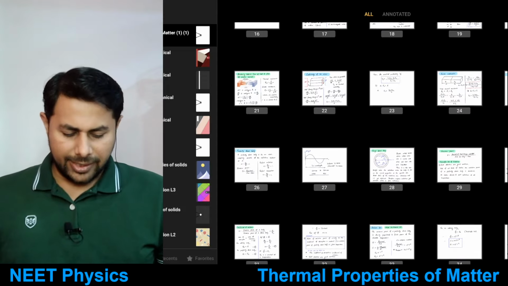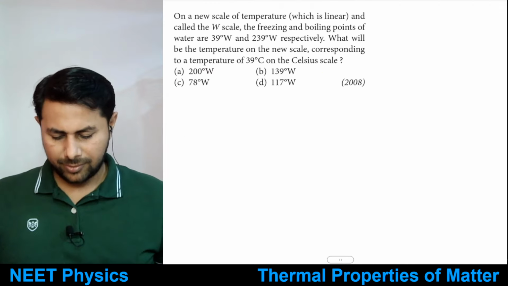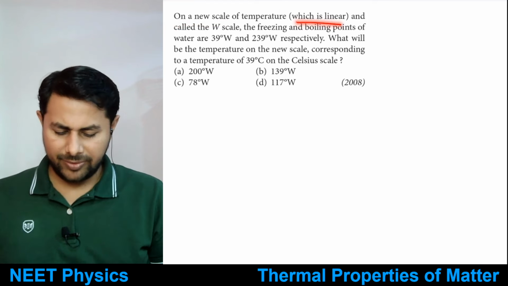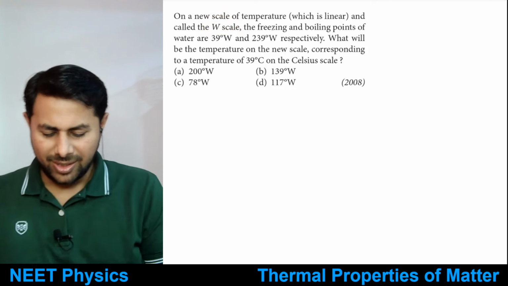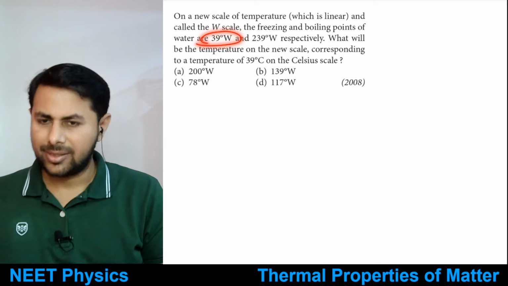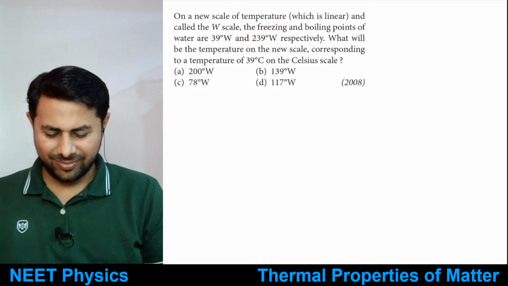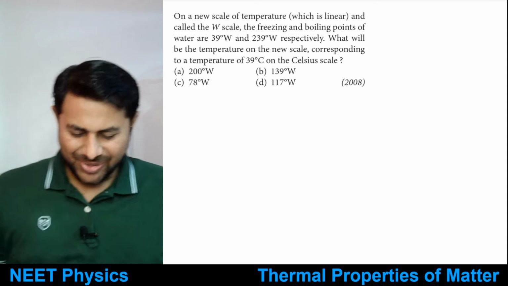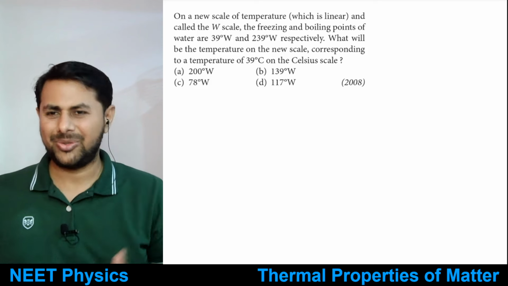All right. So now let's see some problems based upon this thing. So on a new scale of temperature, which is linear and called the W scale, okay, some W scale, the freezing point and boiling point of water are 39 degree W and 239 degree W. Okay, so now the good thing about this is you can design a scale after your name.